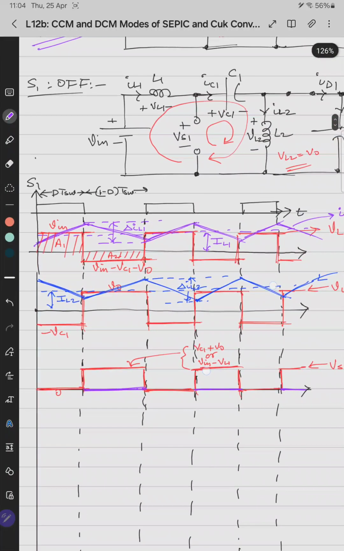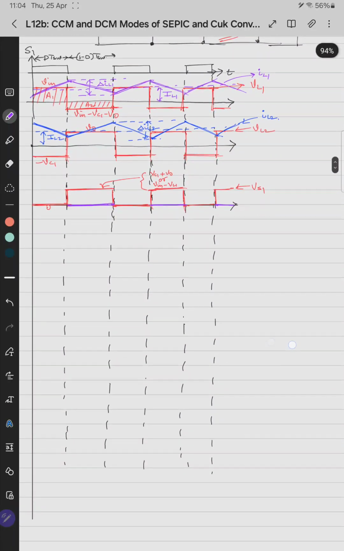So minus IL2 is like this. We'll draw a dummy waveform of minus IL2. The intercept is negative and the slope is positive, so it will be like this.